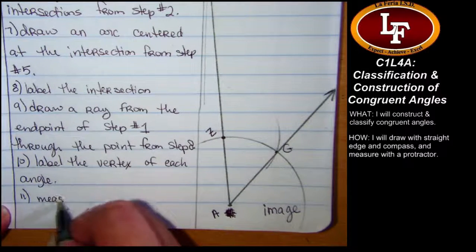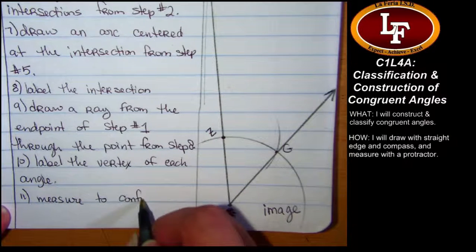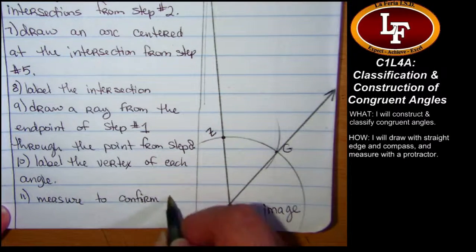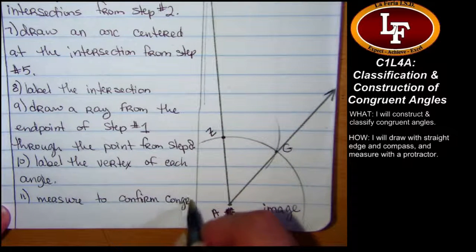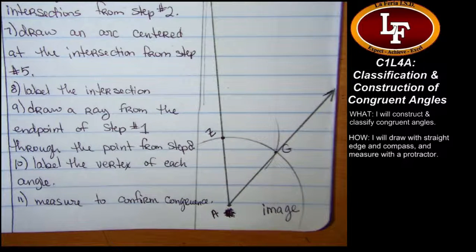Measure it to confirm congruence. Now, what did you get on your original pre-image? What measure did you get in your pre-image? Did you measure it, the first one you did? Yeah? You got a 90-degree angle? Very nice.